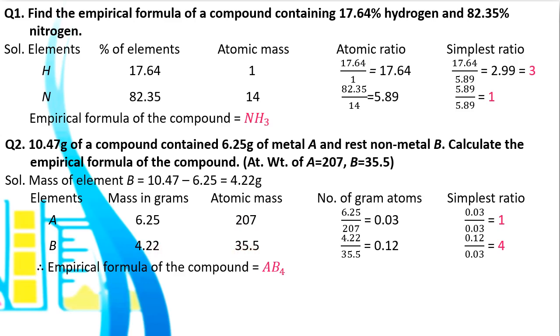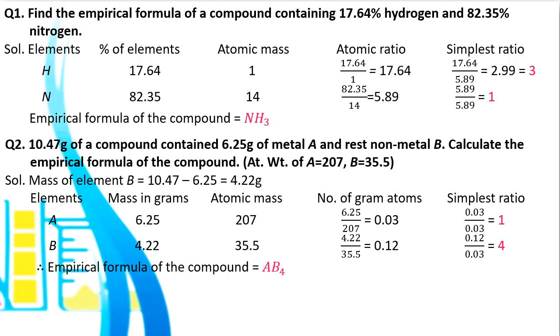So first we will find the number of gram atoms. For A, it will be found by dividing mass in grams by atomic mass. 6.25 divided by 207, we will get 0.03. Similarly for B, we will find it 0.12.